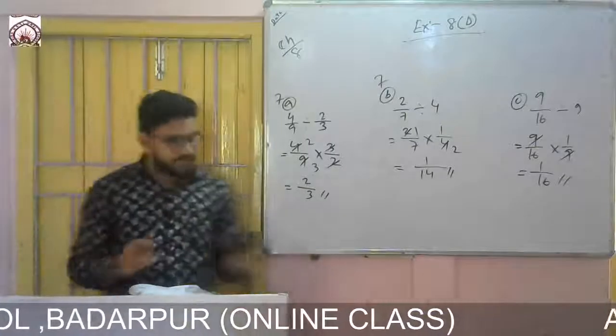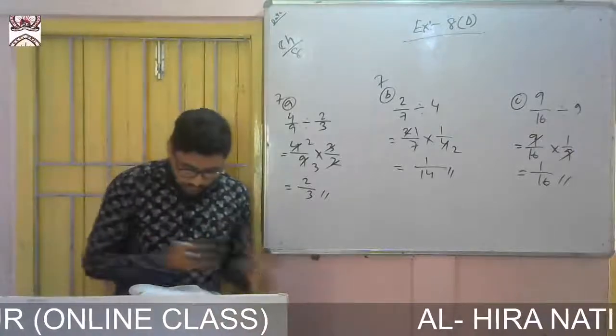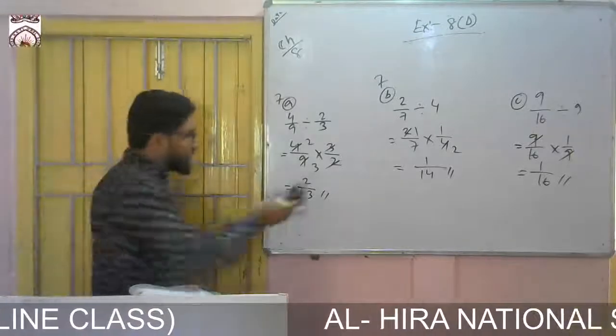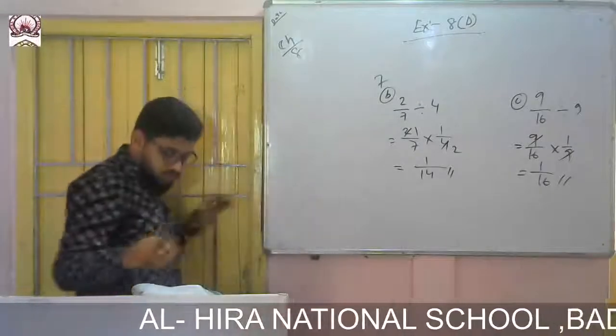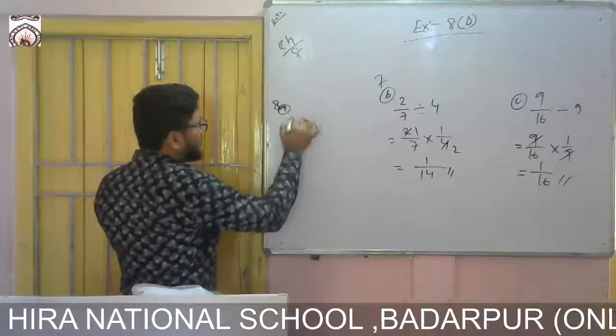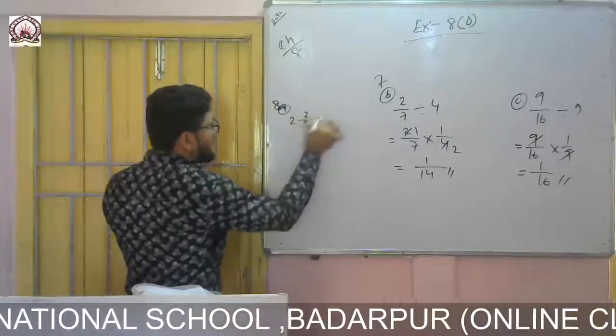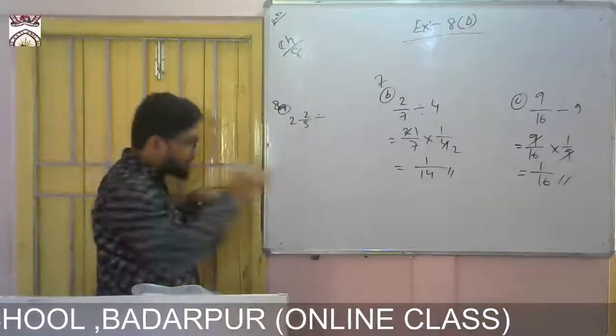Now come to 8. From 8, 9, 10 I shall solve only two, the others are the same process. So in 8 what is there? 2 2 by 5 divided by 8 by 5.